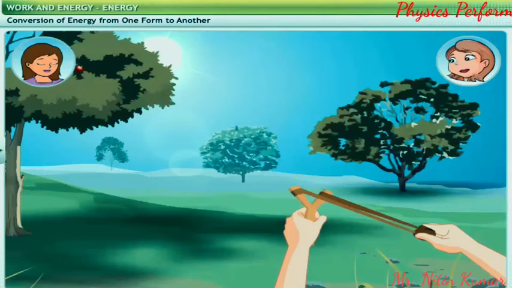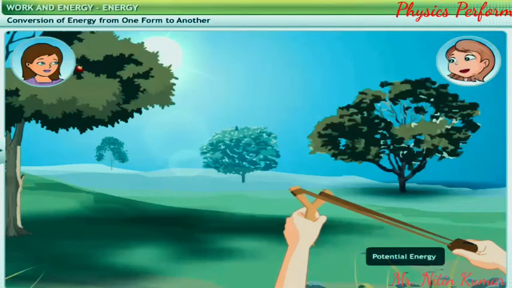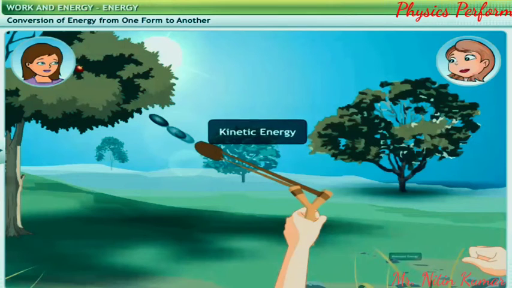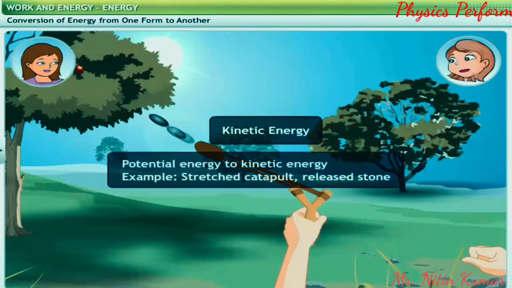Another interesting example of conversion of energy is a catapult. When you stretch the catapult with a stone in it, the stone gains potential energy due to the stretch of the elastic bands of the catapult. Once the stone is released from the catapult, the potential energy of the stone is converted into kinetic energy.